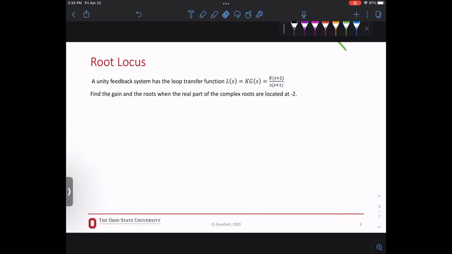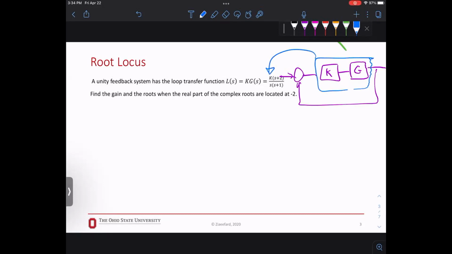So this is our system, GK. We know what this guy is. All right, now to solve this, the question tells us that you have some information about the roots of this system, not the poles, the roots of this system.